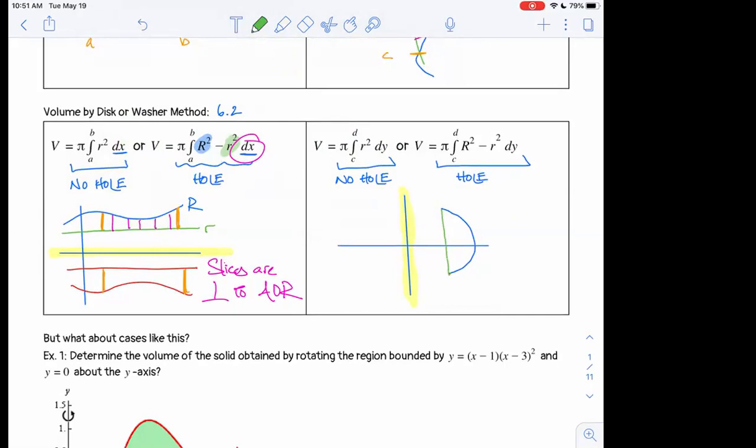Is this a situation of a hole or no hole? Like when I revolve that shape around the y-axis, will I have a hole or no hole? Hole. Yeah, you will have a hole, that's correct.